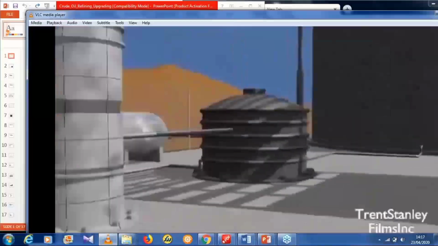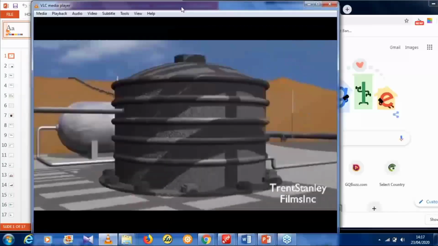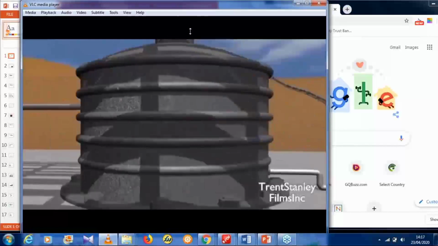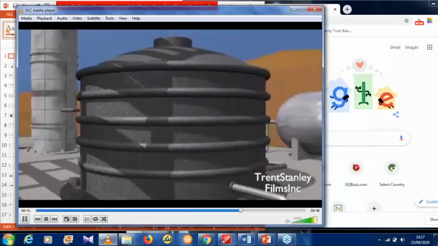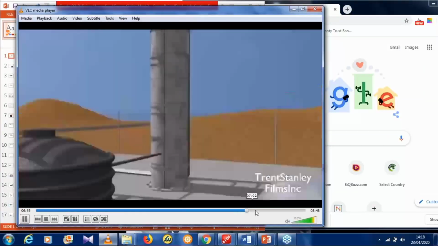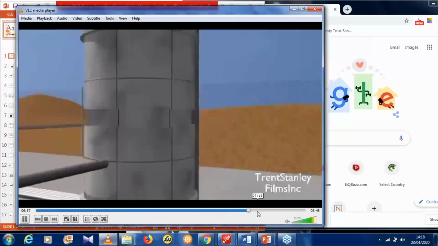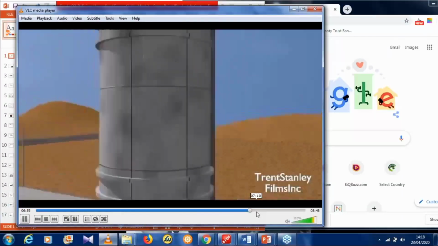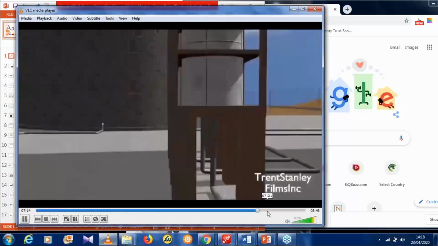The components of the crude oil all have different molecular weight. Take note of what I'm saying. They have different molecular weight, hence they can be separated according to their molecular weight when subjected to heat. So this is a distillation column, which is used for the separation into different fractions.